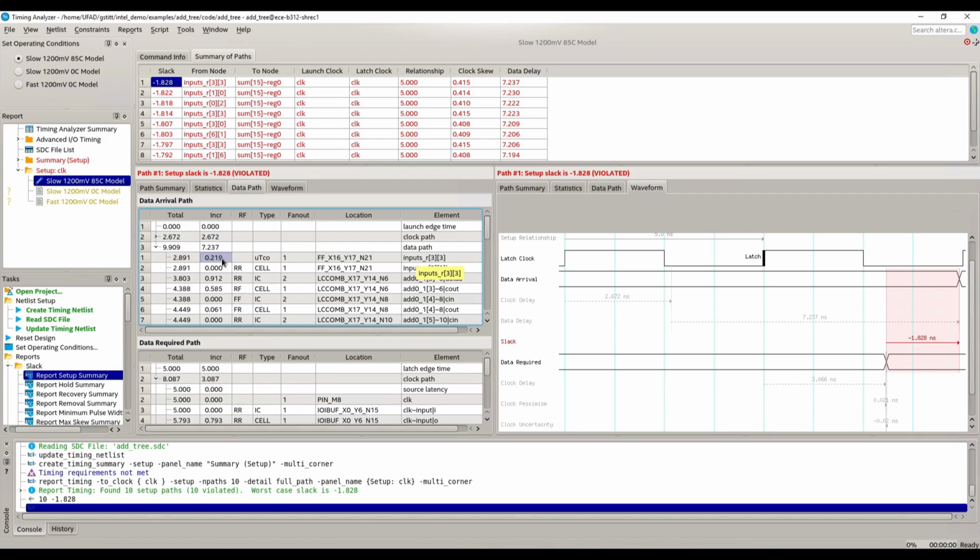So it takes 0.2 nanoseconds for the output to show up coming out of this flip-flop on the rising clock edge. You'll notice, though, that this right here is basically the total delay that's been incurred, and it doesn't start at 0. It starts at whatever the time was that it took the clock to arrive at the source flip-flop. And so that was 2.672 nanoseconds. If we add the 0.2 nanoseconds from this clock to queue output, we're now at 2.89 total nanoseconds of delay.